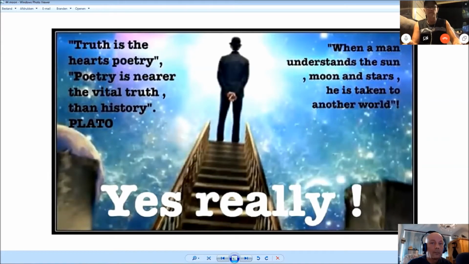By understanding the sun, the moon, and the stars, that's what it shows you. Then you can go to the textbooks, whether it be the Quran, the Bible, or other places. You can go there then, Buddhism, and all of a sudden everything starts to make sense. Everything comes together like a beautiful puzzle. It's a beautiful thing. So when you do understand, you are taken to another realm.